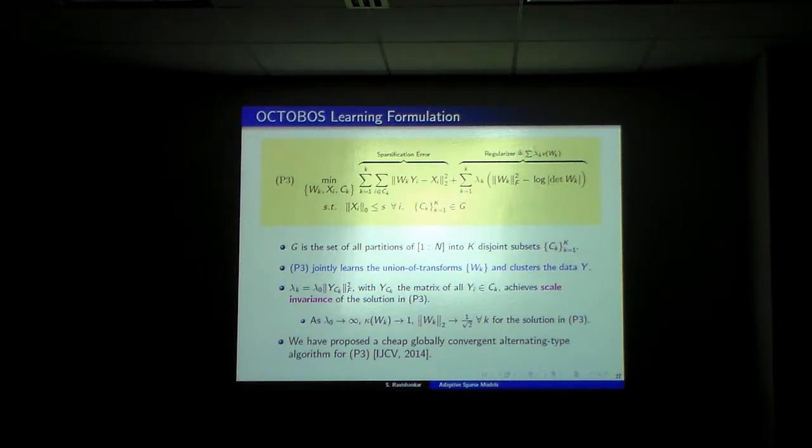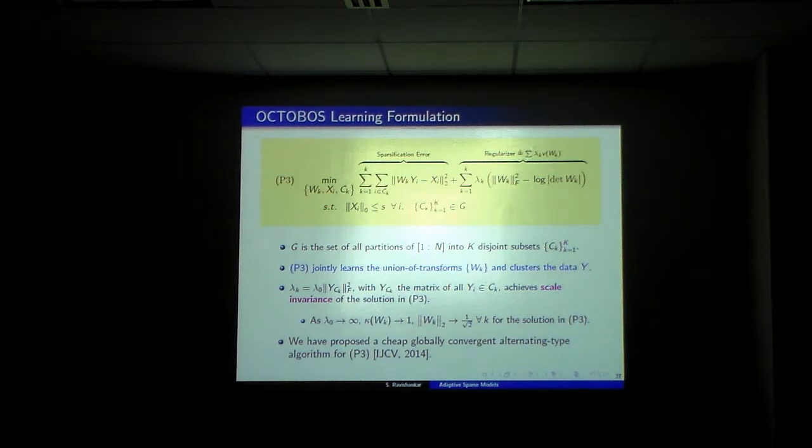So if you scale the y's by some constant, and you choose the weights lambda_k in this way, the solution is invariant to trivial scalings of the data. And there is a similar property as in the square transform learning case. If you let your lambda_k's go to infinity, then you end up learning a union of orthonormal, or well-conditioned, or unit conditioned transforms in the limit.